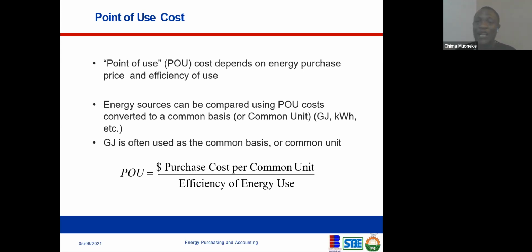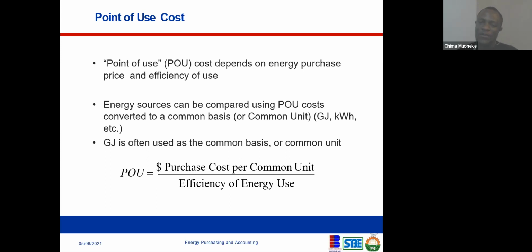You bring the output from both the gas and the coal out in gigajoule based on their efficiency. What is it going to give you in gigajoule? When you now have those values, you can make your comparison. Which one is more preferable? So gigajoule is often used as a common basis or common unit for this comparison.